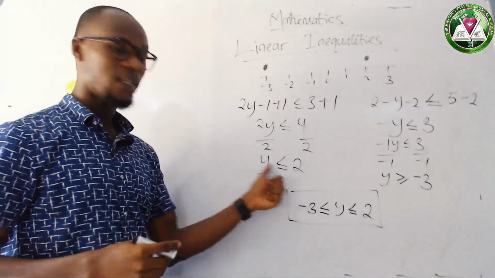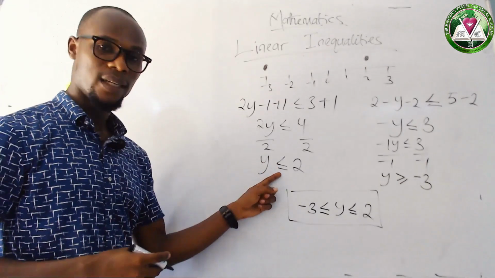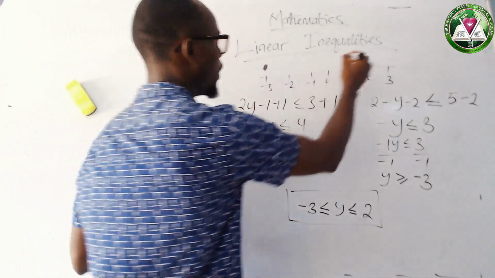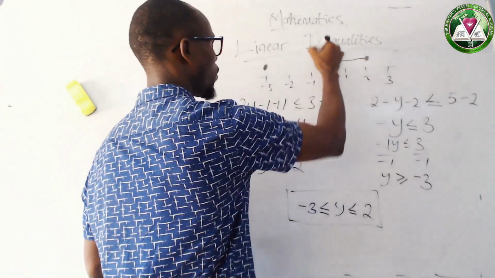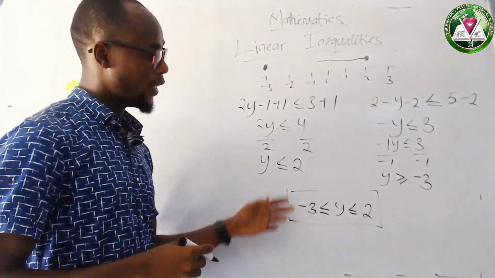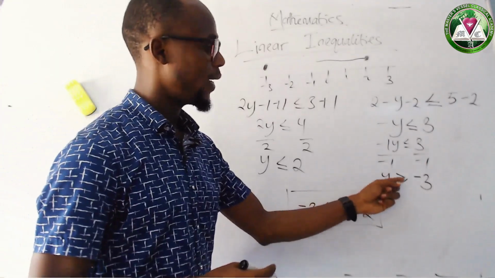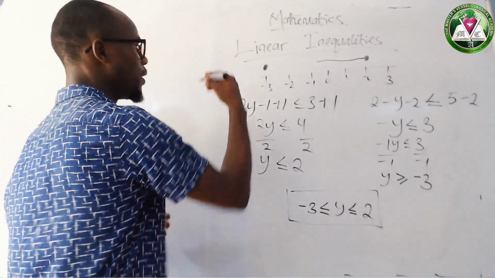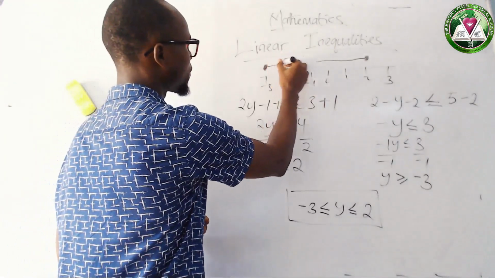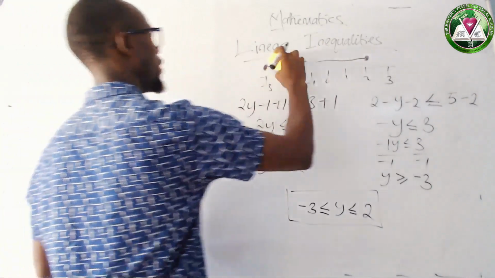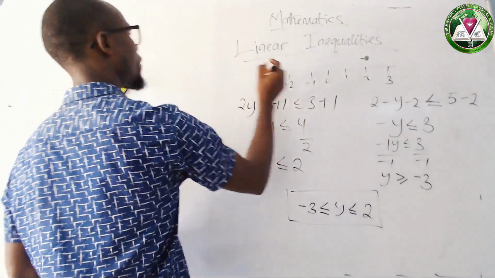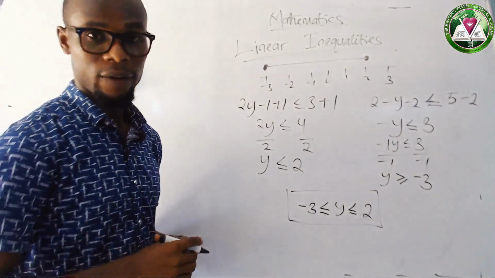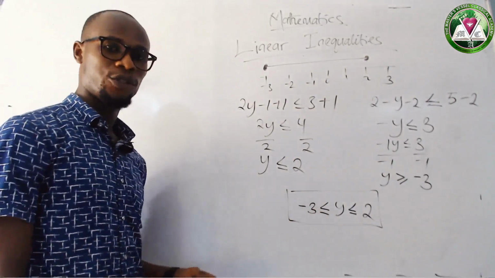Now, from the first inequality, we have that y is less than or equal to 2. That means the direction of our arrow goes to the left. And also, from the second inequality, we have that y is greater than or equal to minus 3. So that means the arrow moves to the right, which joins up to meet the other line. So this gives our graph for this solution.